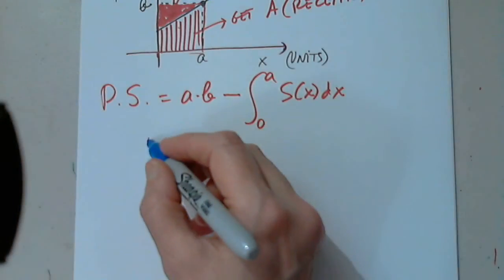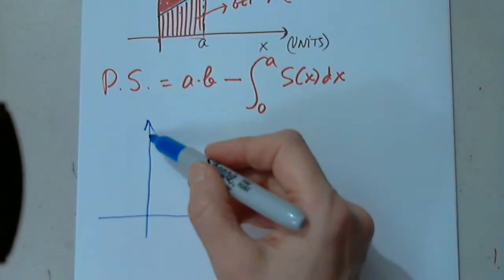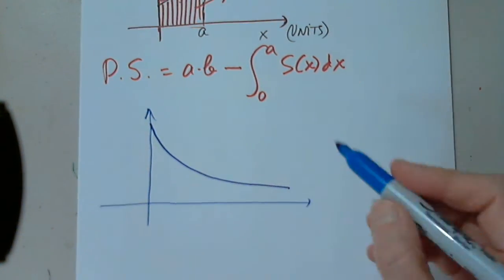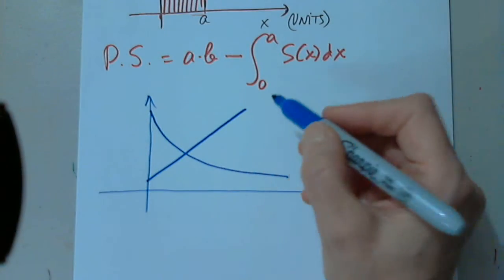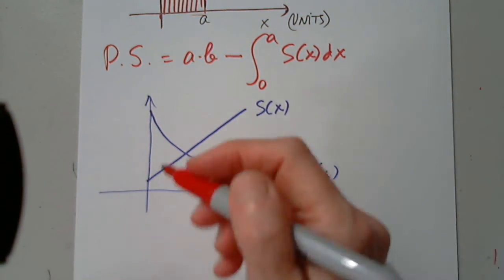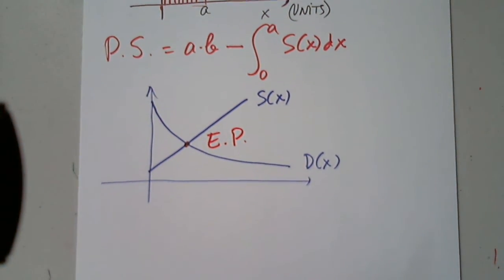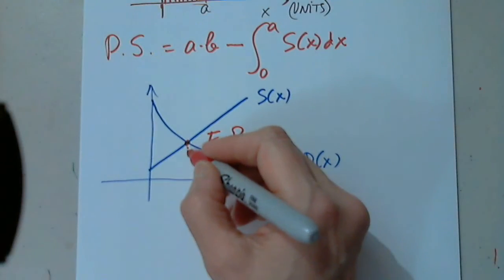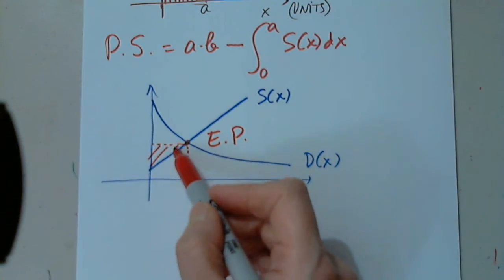So now let's look at the equilibrium point and see what happens. Now I'm putting both together. This is the demand, and this is the supply function, and this is what we call the equilibrium point. We talked about it a long time ago. And here's what happens. This is what we pay.